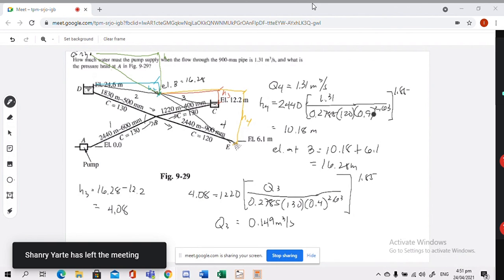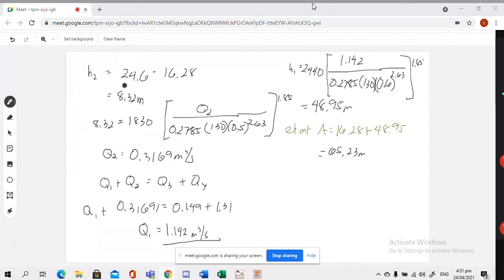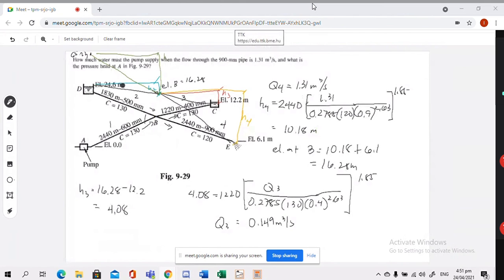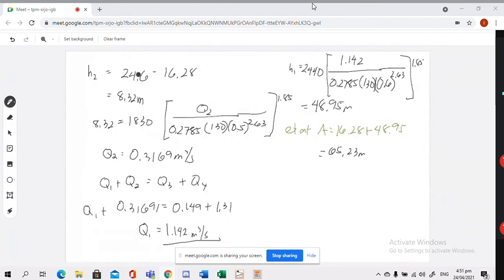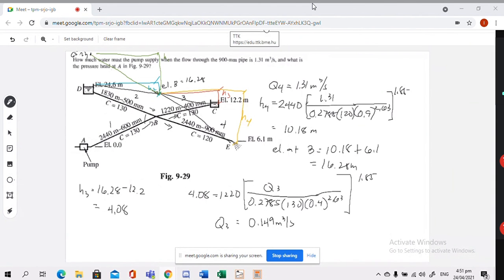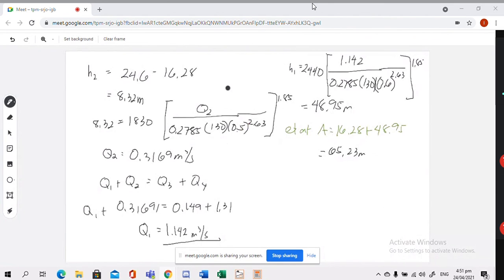Okay, check. 24.6, 16.28, 24.6, 16.28 minus 8.32 meters, 8.32, 1830, 500. So 8.32.